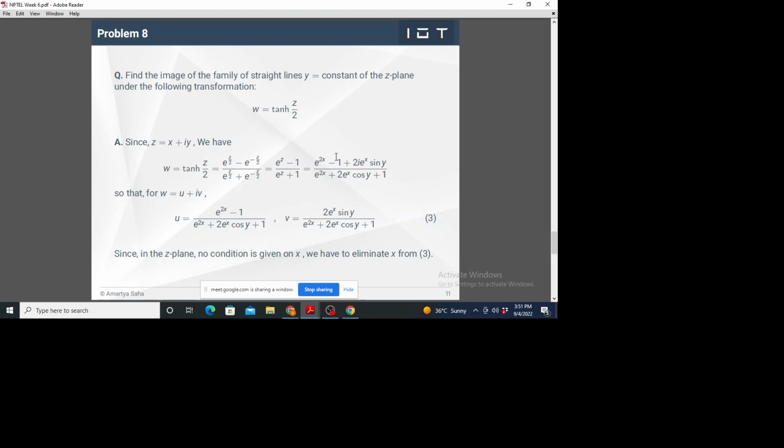I have multiplied both numerator and denominator by something to express this function in u plus iv form. That is simple algebra, and you should do that yourself, and that gives us the final result. So if w is u plus iv, then from here we can conclude that u is (e to the power 2x minus 1) divided by this thing, and v is this thing. So equation 3 gives the real and imaginary parts of w.